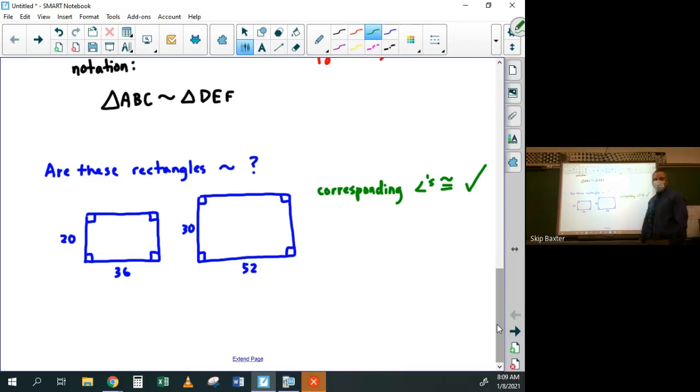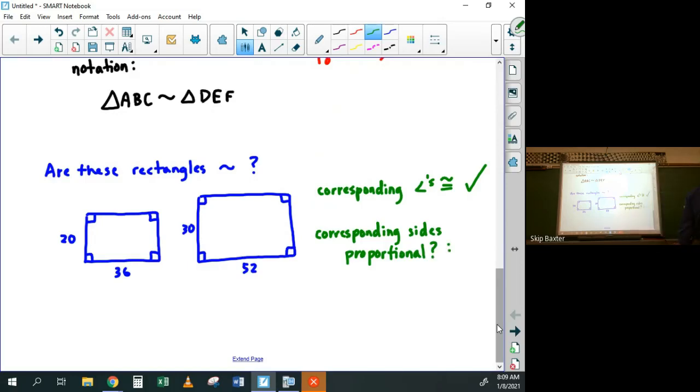The next thing you need to check for is, are the corresponding sides proportional? Well, we need to check that.